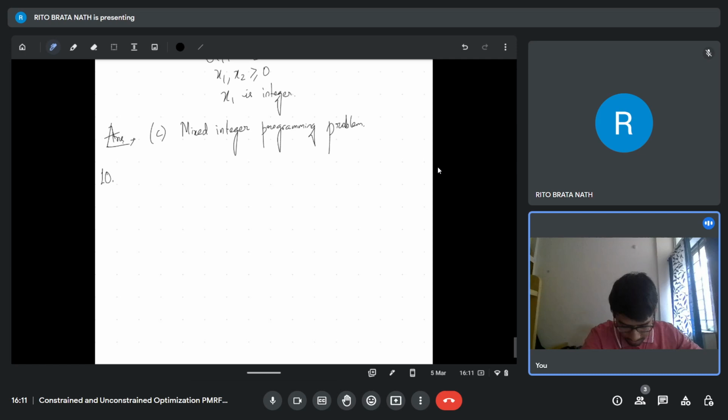You know x1 is an integer, so you know that options A and B will not be correct. Now you're left with two options, C and D. For C, let's check the feasibility condition, that is 2 times... So it's solving through the options. You don't even need to solve the problem. It's so simple.